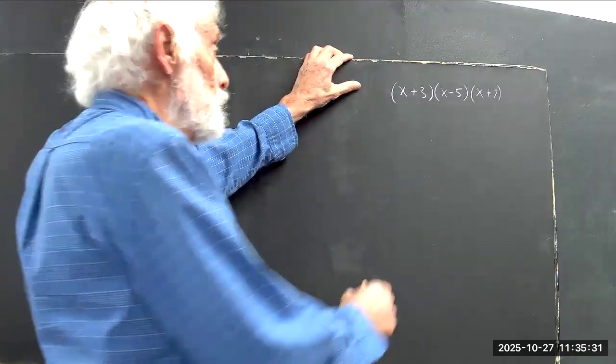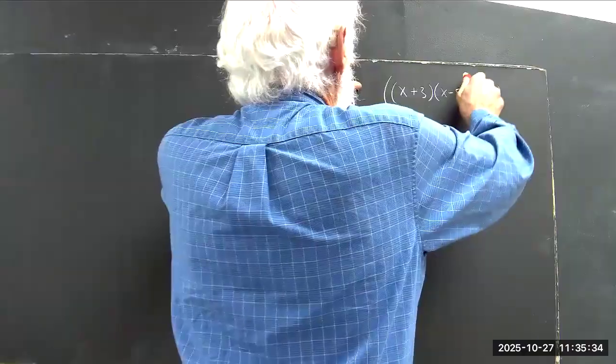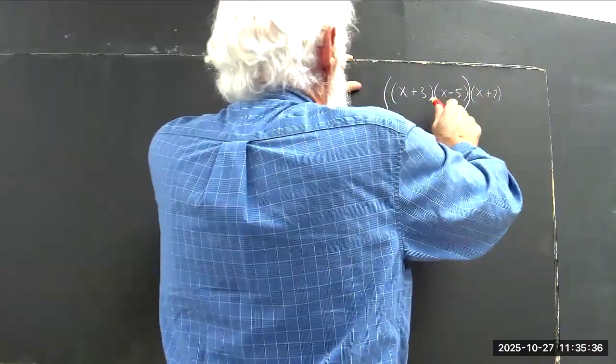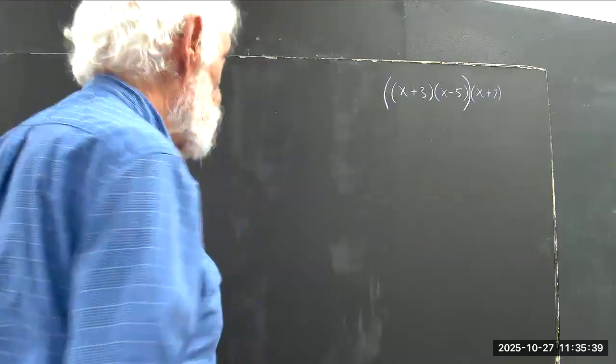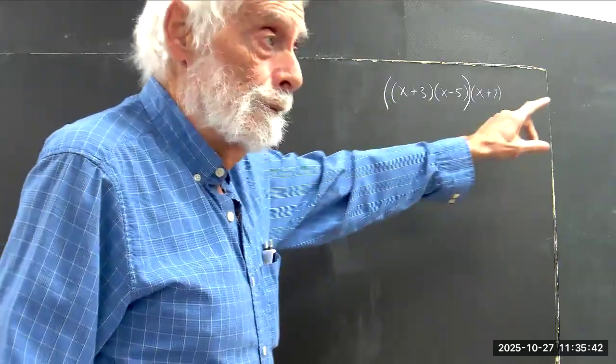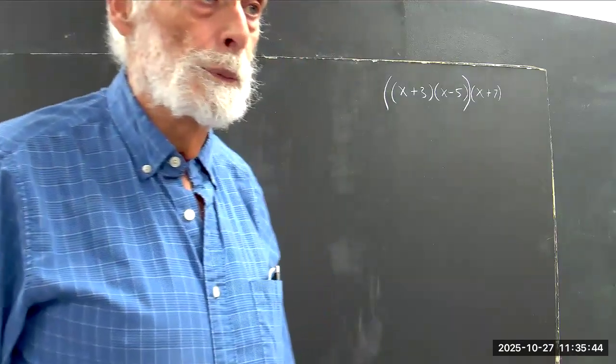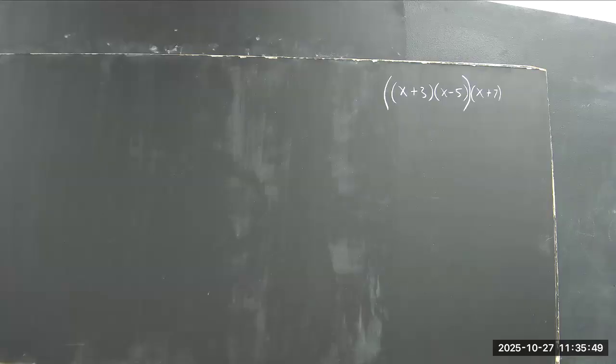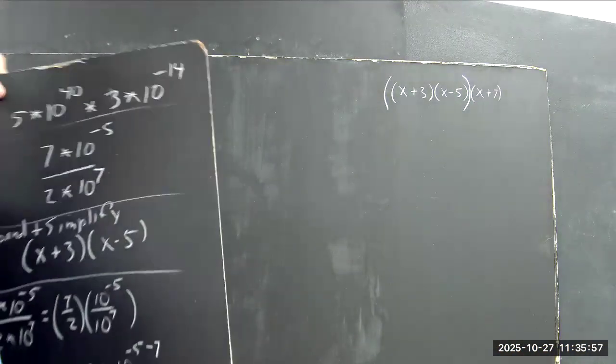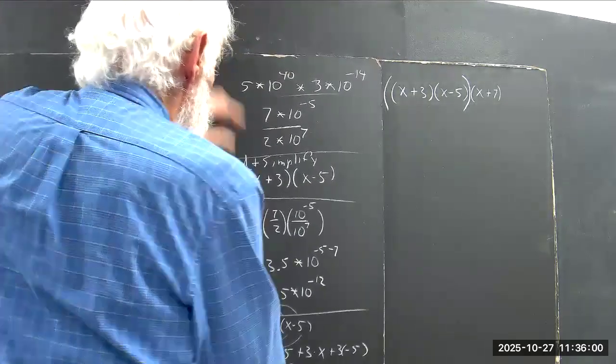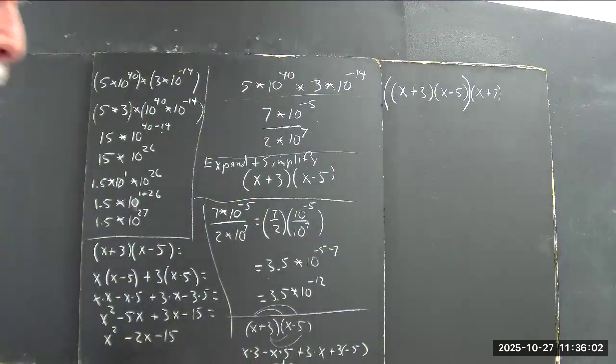The first thing you want to do is multiply the first two factors, the first two binomials. And then you're going to multiply that by the third one. And you want to write out every step. So I'm going to put these examples up here where you can see them. Try to follow procedures just like the one I did.